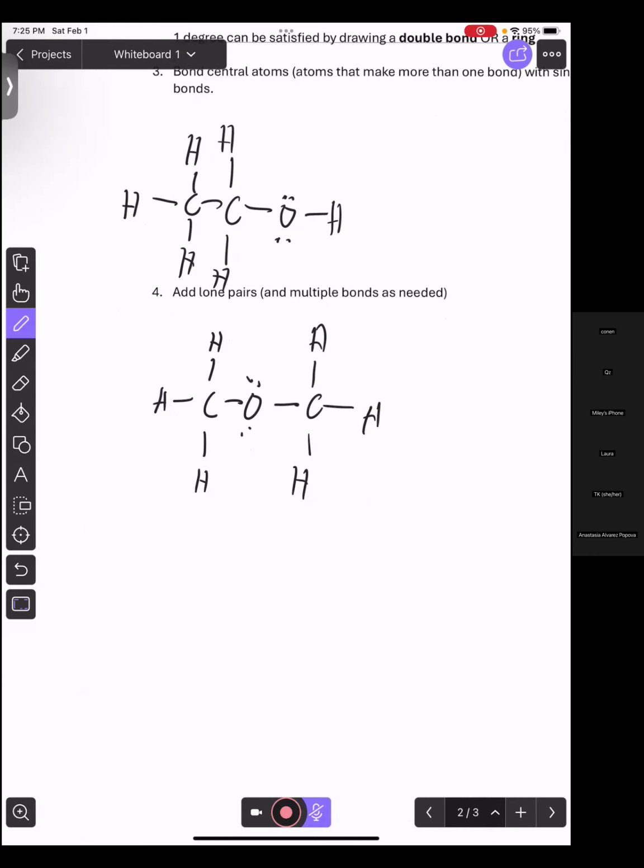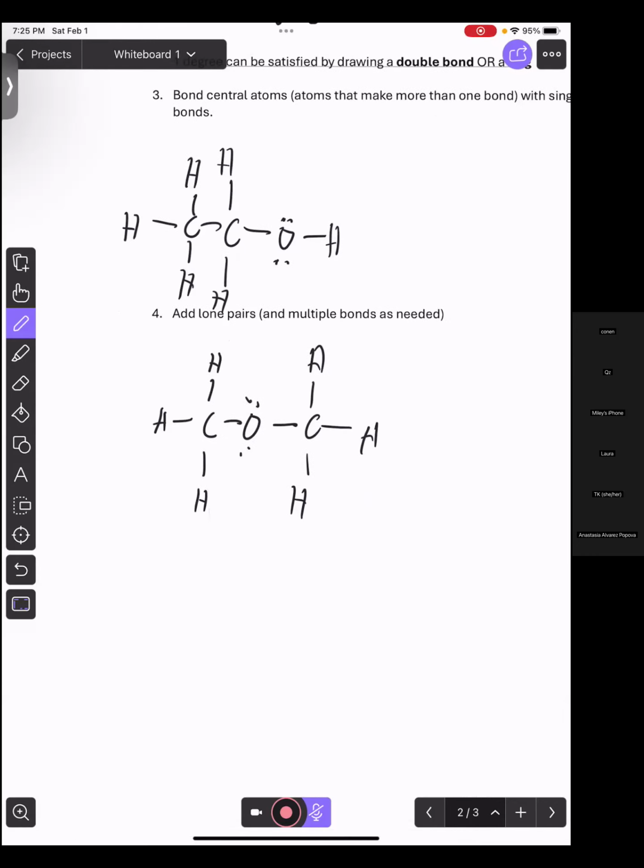We have a name for those: structural isomers. If you have 2 structures that you draw from the same molecular formula and the atoms are connected differently, they are structural isomers. They're different molecules but they have the same formula.